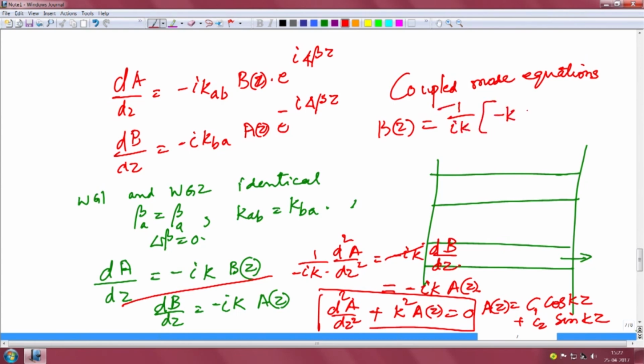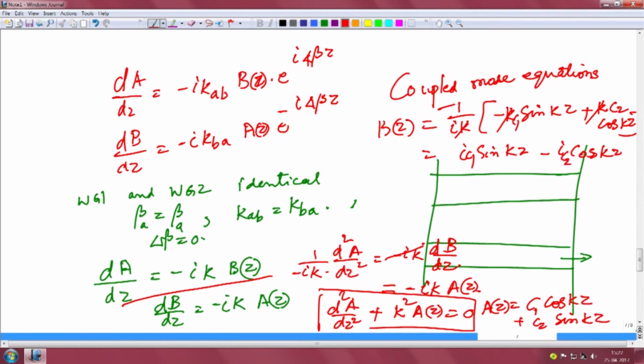So, minus k sin kz C1 plus k C2 cos kz. This k will cancel out with this, and you get, if I go to both sides, we can make it plus i sin kz minus i cos kz, and these arbitrary constants still remain.